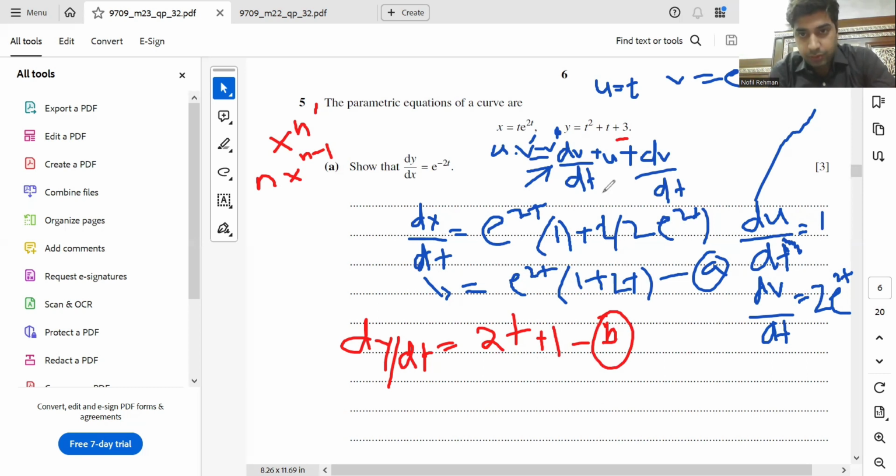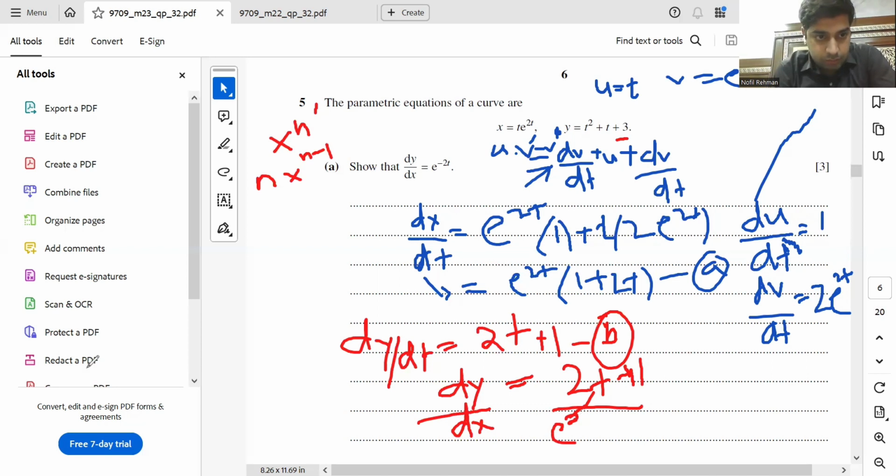Okay, so now we have to multiply this equation with the reciprocal of this. So dy by dx would be equal to, we had already done this derivation, so I will directly put this: 2t plus 1 over exponent 2t into 1 plus 2t.